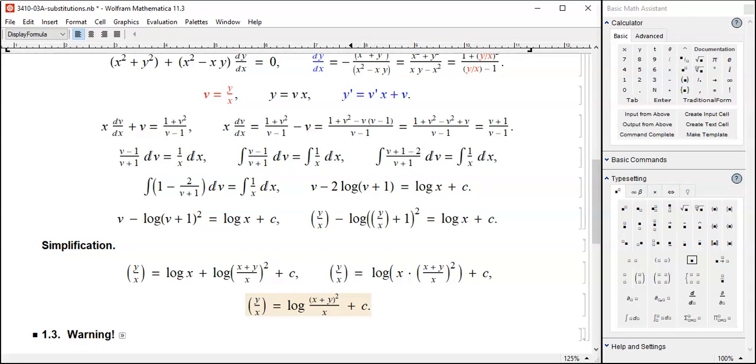This is not much of an improvement compared with what we have over here.